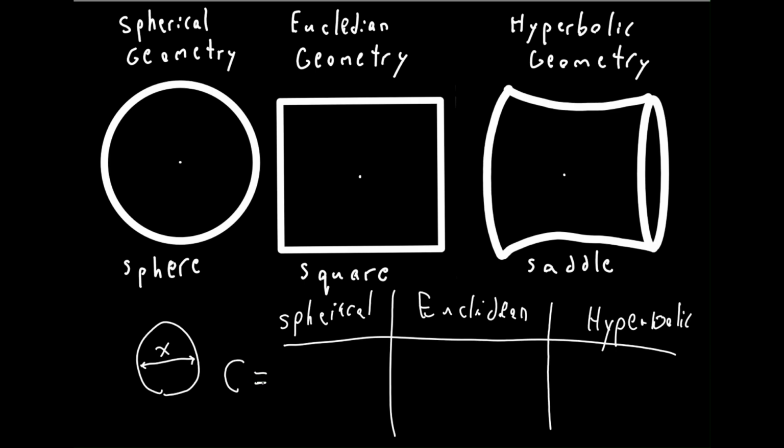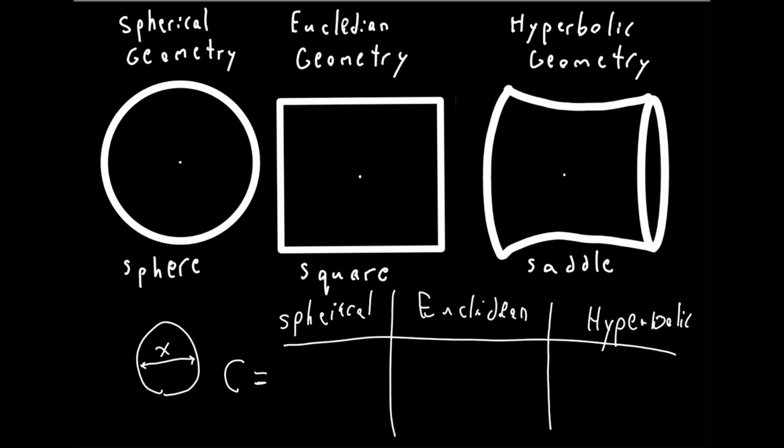Well, for spherical geometry, C is actually less than pi x. For Euclidean geometry, C equals pi x, or circumference equals pi x. And for hyperbolic geometry, the circumference is more than pi x.